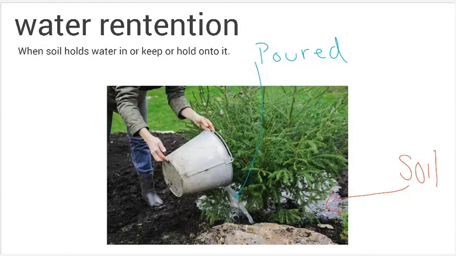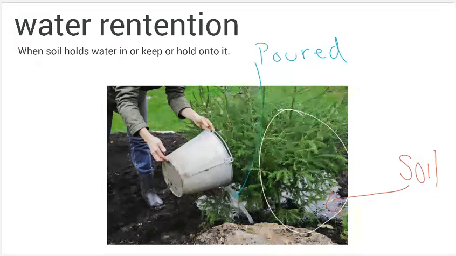Now we see here, let's not use green, let's use white. Here we have a big puddle of water. If you've ever poured water into a plant pot before and it just goes to the top, that's water.